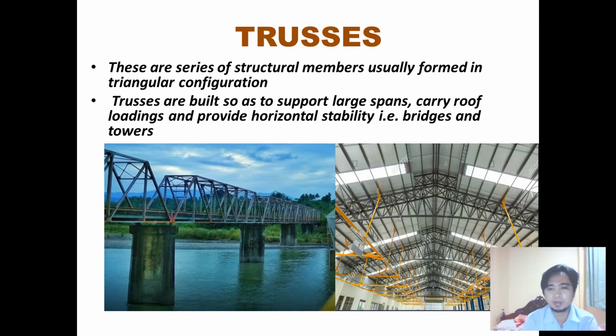Okay, unlike a frame, in a structural frame that has only vertical and horizontal members, there is no triangle in it, so therefore the column is only concentrated to carry the vertical, and the horizontal one or the beam is just a bracing for the column.